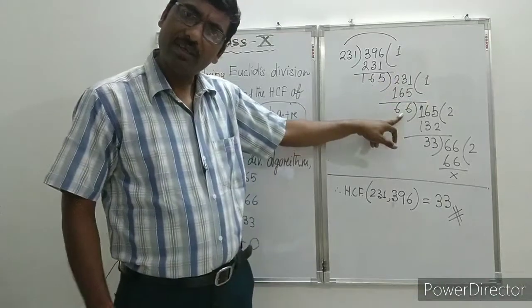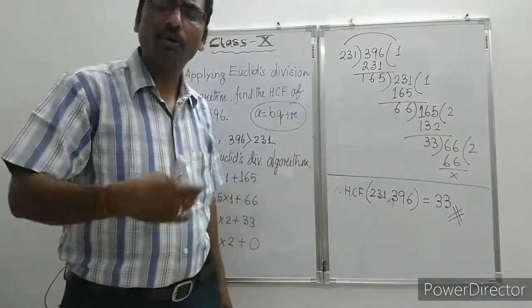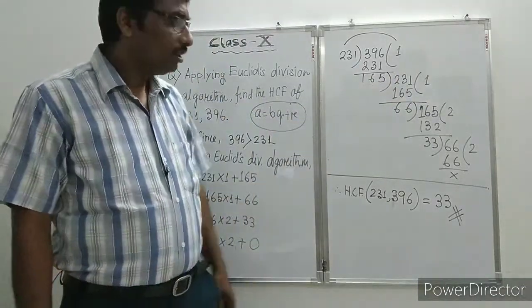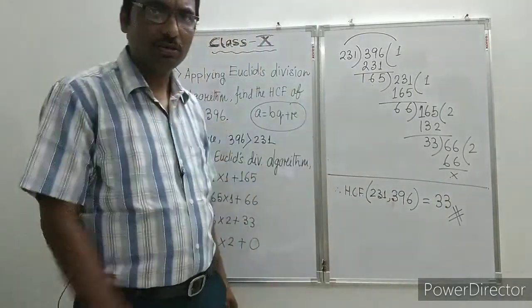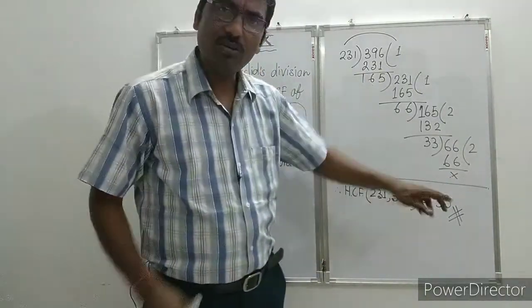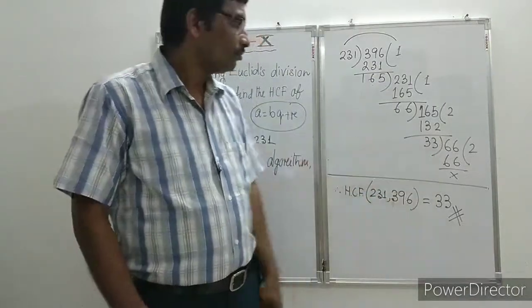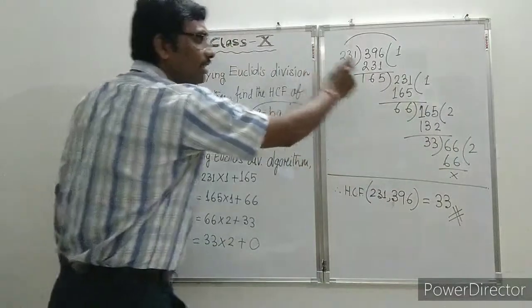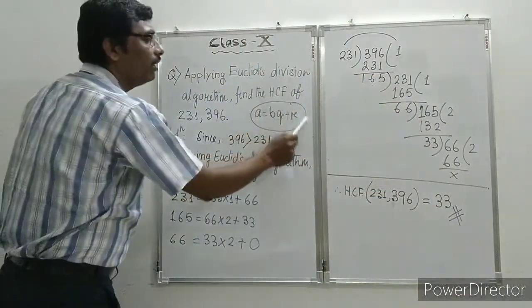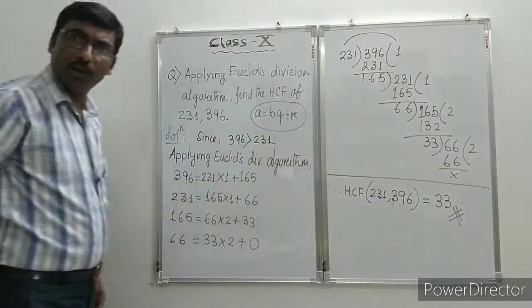Again we are getting remainder 66. In this way we have to continue the process till we get the remainder as 0. As soon as we get 0, our division ends. Finished here. So from here we can easily write in the form A equal to BQ plus R.